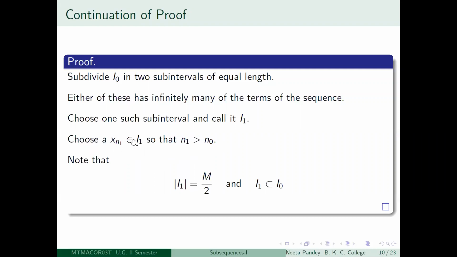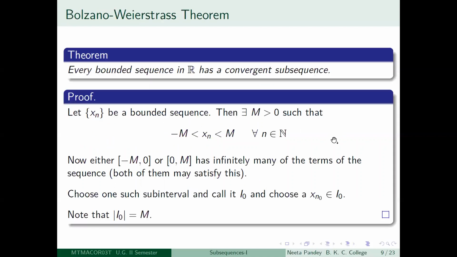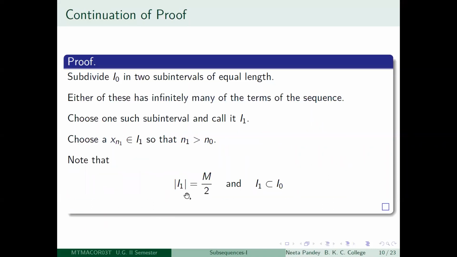So you have got this, and let us just keep track of the length of the intervals, because I told you that we will be using the nested interval theorem. So what is the length of I1 now? It is half of the length of I0. The length of I0 was m, so the length of I1 is going to be m divided by 2.